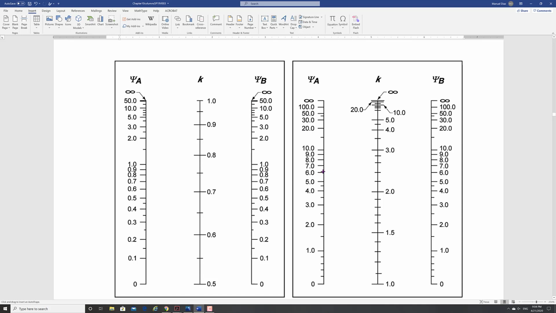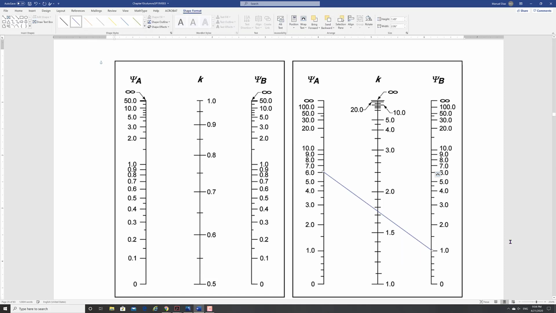There's some place around here, right? And 1. So there's my one, and there is my value. I would say 1.74, okay, around there.